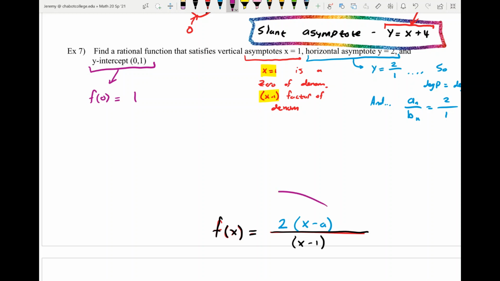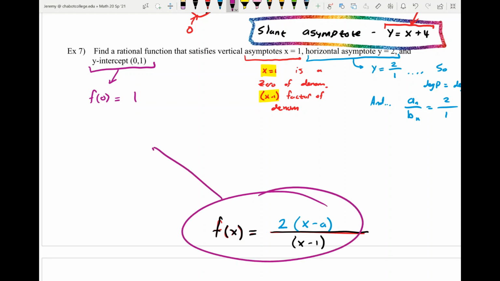Okay, so now what I have so far right here, I'm going to substitute into this equation here. So 2 times (x minus a) over (x minus 1). Oh, sorry, I should substitute in 0 for x. So really this should be 0 minus a over 0 minus 1.